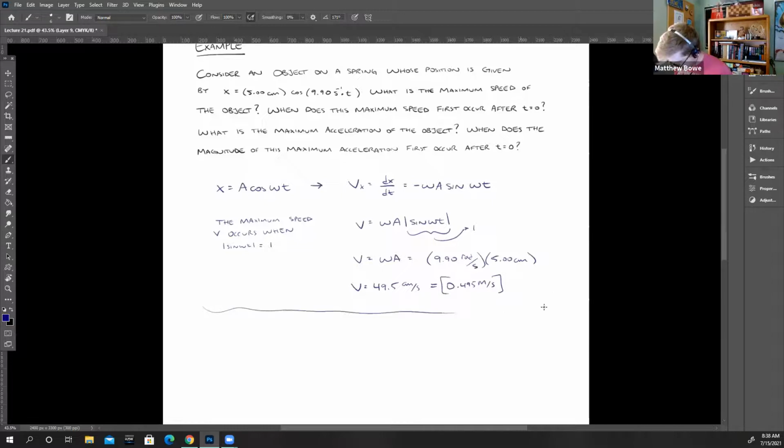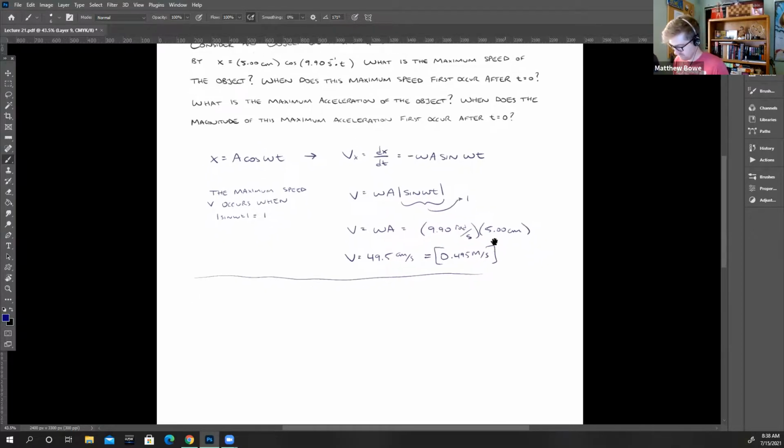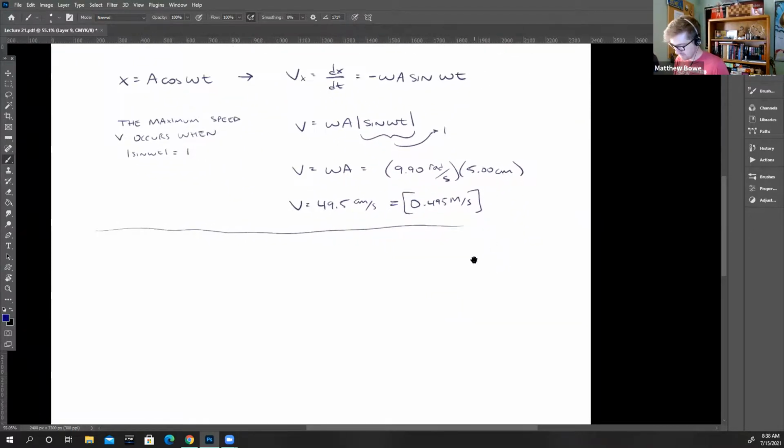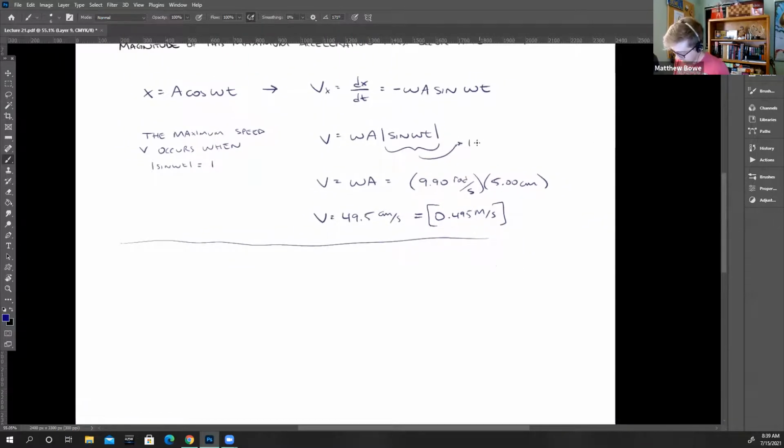Let's do the next part. It asks when does this maximum speed occur? So we now know what the maximum speed is. When does this occur? Well, what was a condition that we needed? We needed this sine value right here to be equal to 1 in order for this multiplication to be its maximum.